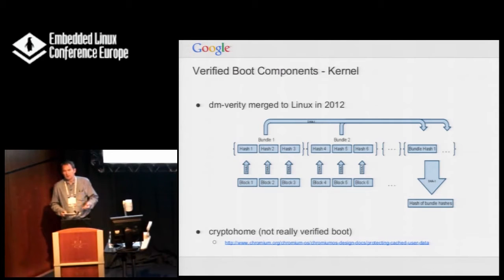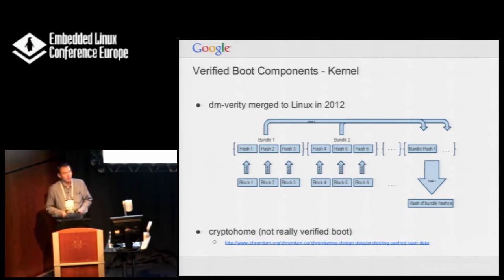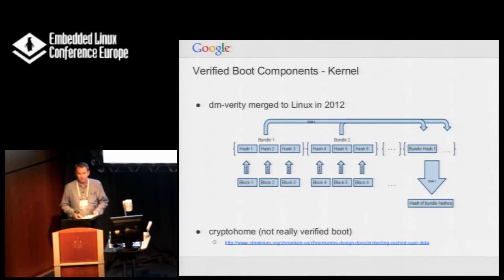Unfortunately, we don't really want to send a huge chunk of hashes down to the kernel. What we want to do is send one hash. So we hash the hashes, and then we hash the hashes, and so on, up to a tree, and we end up with essentially this hierarchical structure here. And at the very top level, there is a single hash value, and that's the only thing that firmware needs to pass to the kernel.